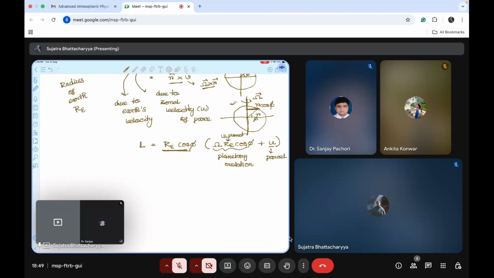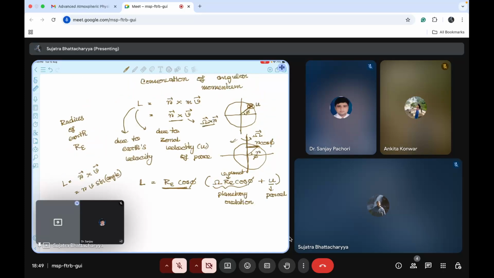Let me explain it better. So r cross v, right? Can we write this as r v sine of the angle between them? So the way we are defining, look at this u and this r vector. If this is your r, this will be what? R cos phi. We have seen this.